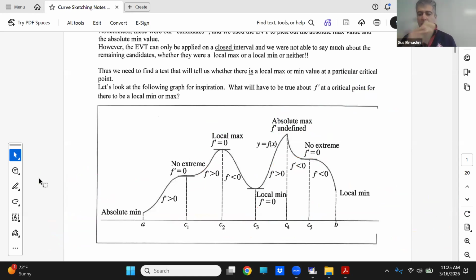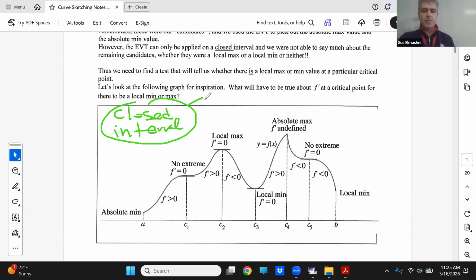First off, this is a closed interval. That's very important. When you have a closed interval, you must consider endpoints. Endpoints could be absolute max or min.